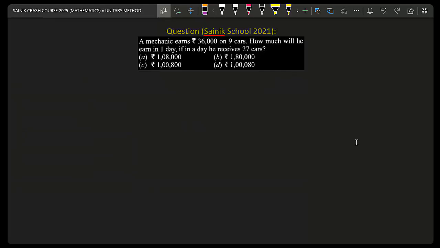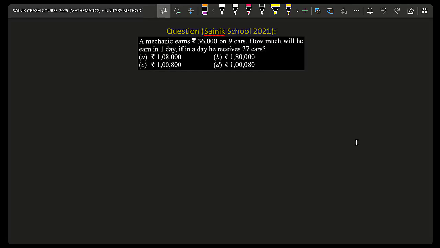Sir, a mechanic earns 36,000 on 9 cars. How much will he earn in one day if in a day he receives 27 cars? Okay. Yes, Rishikesh, what we have to do?